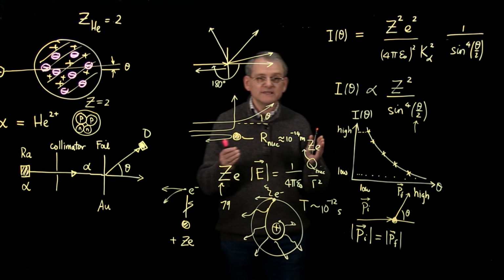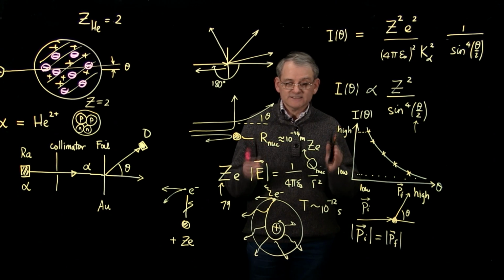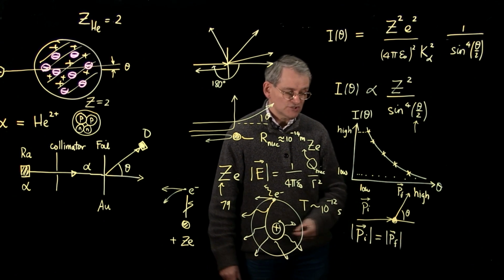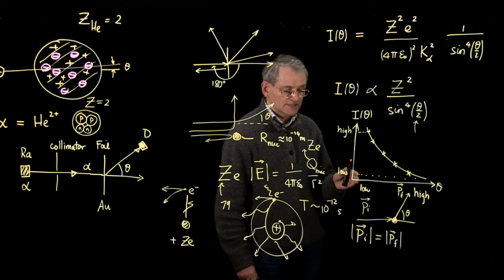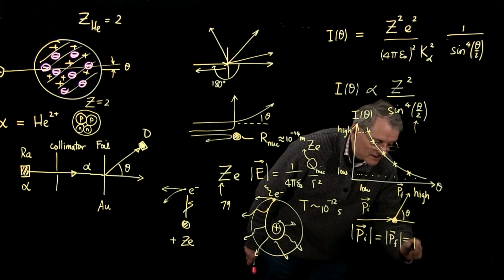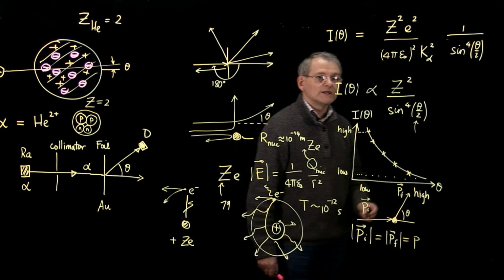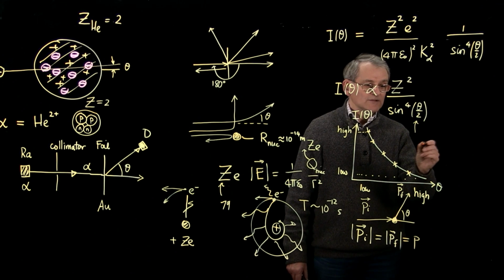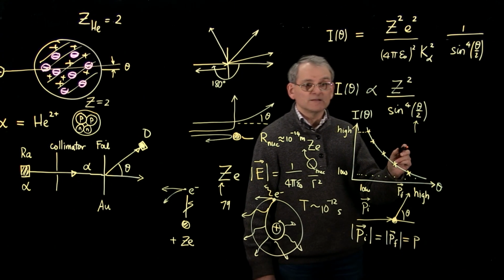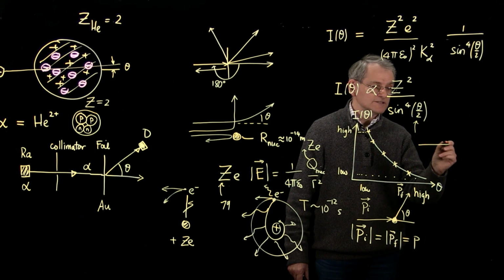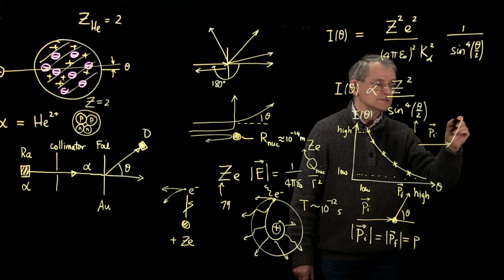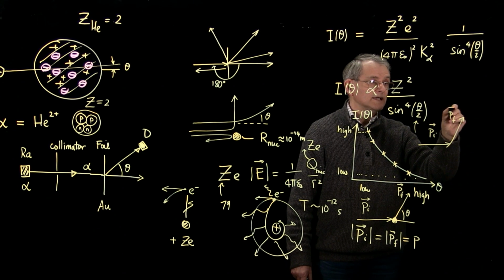And so this is referred to as an elastic collision. The kinetic energy, which depends on the square of the momentum, is unchanged. So in an elastic collision, the kinetic energy is unchanged. So let me just call this the value P. Now what I can do is a vector diagram which illustrates the process of collision. So here's the same vector Pi as before, and there's Pf as before.